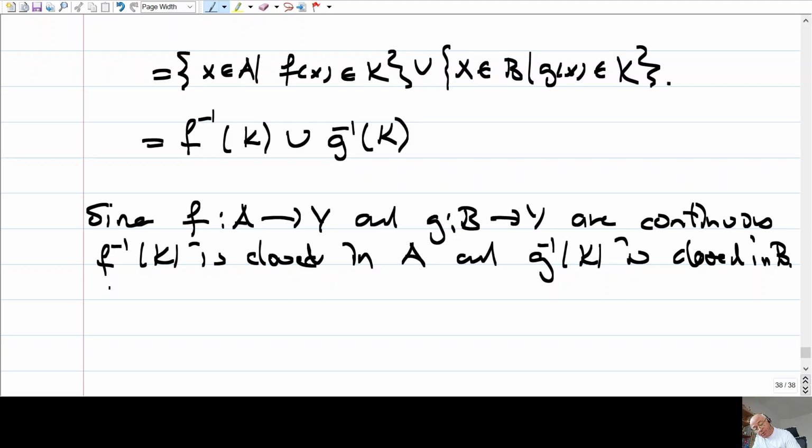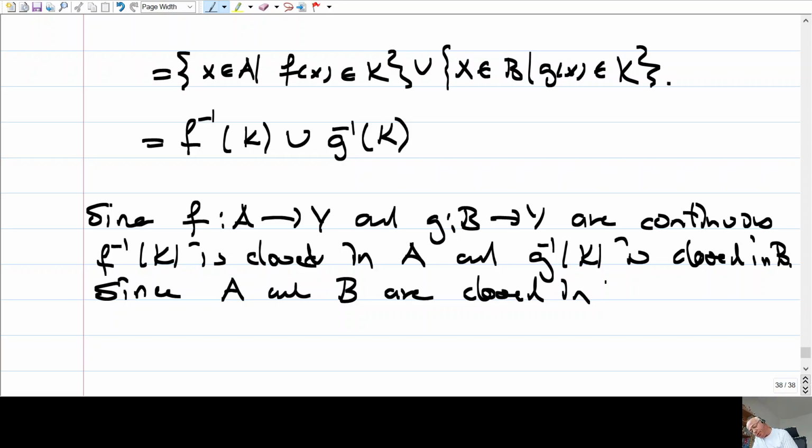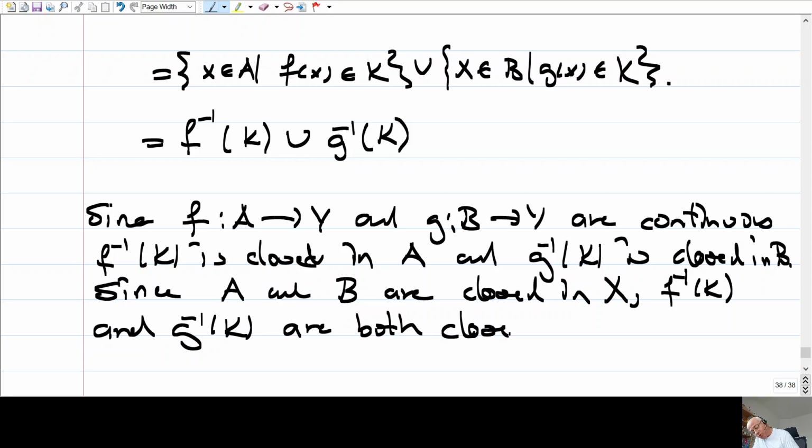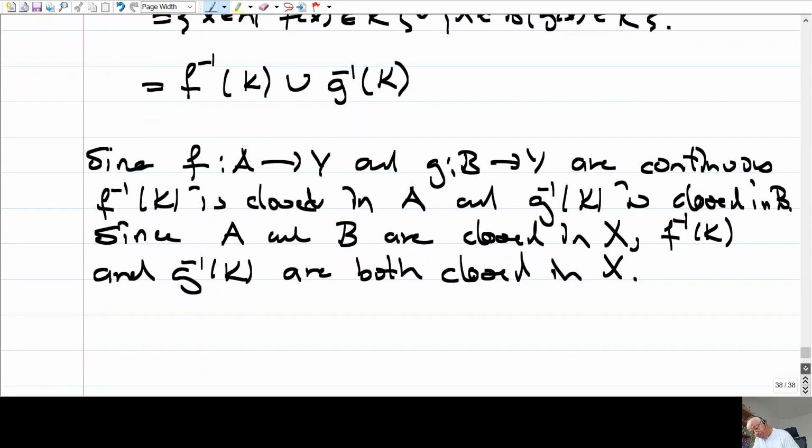Okay, since A and B are closed in X, f inverse of K and g inverse of K are both closed in X. So this is closed in X, this is closed in X, and I have only two of them, therefore their union is closed.